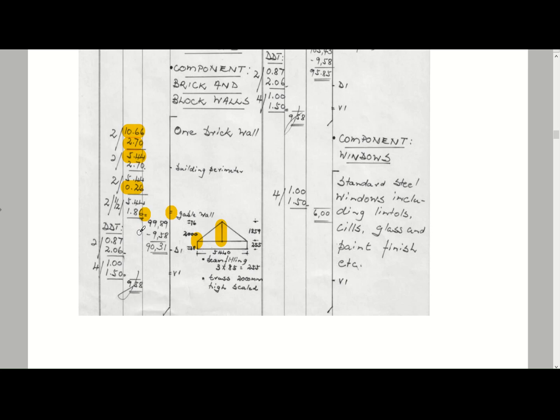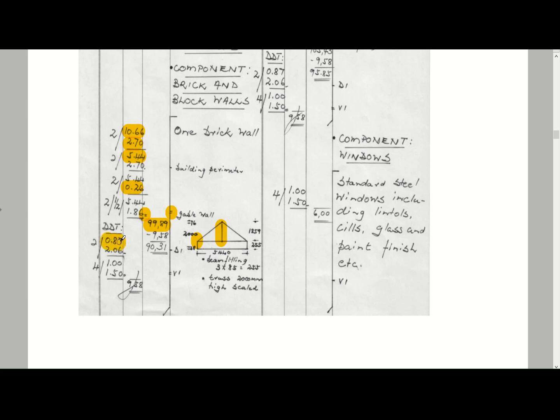Then what they've done here, they've calculated all of these items. So what will happen in this case is all of these square meter areas are added up to get to 99, and then they've done a deduction for your doors.